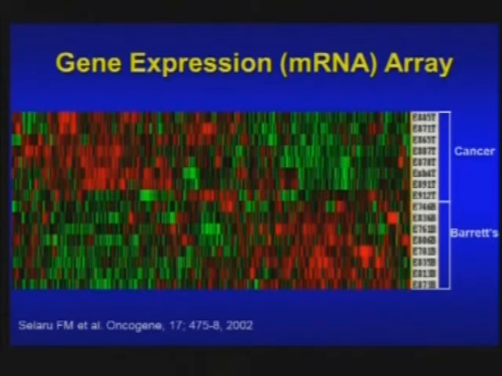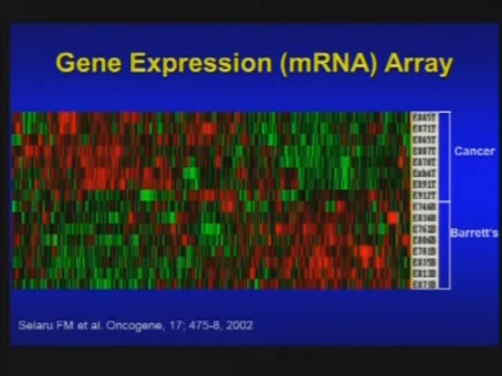So in this example, this array has 18,000 genes per sample, and the expression of 18,000 genes per sample was done on cancers and on non-dysplastic Barrett's esophagus. An increase in gene expression is shown in red, and a decrease in gene expression is shown in green.